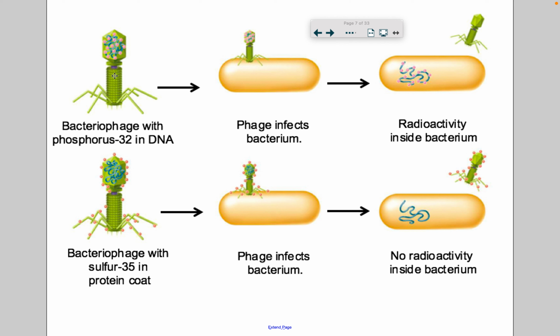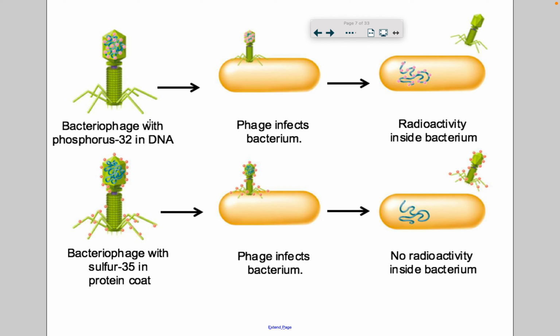Now you're probably wondering, what does that mean? Well, believe it or not, we can tag molecules and follow their fate inside of cells, usually with some type of radioactive isotope. So with this bacteriophage, all we did was mark the DNA, and we are going to follow the fate of DNA. With a different type of bacteriophage, we tagged the protein coat and left the DNA untagged. We tagged the protein coat with sulfur 35.